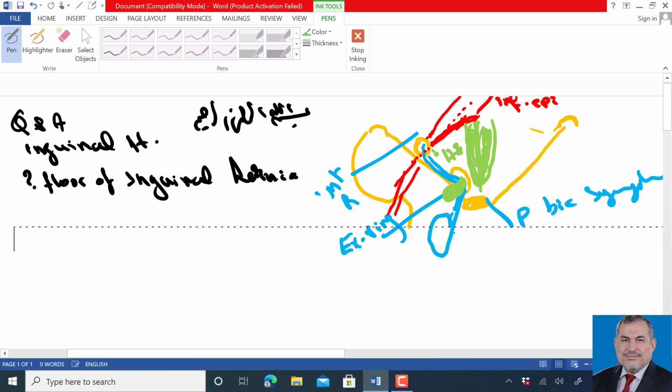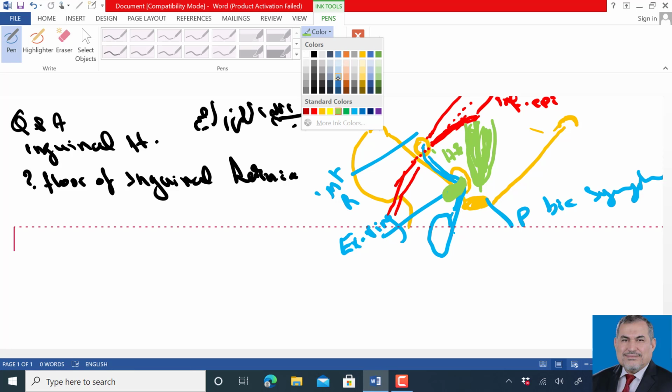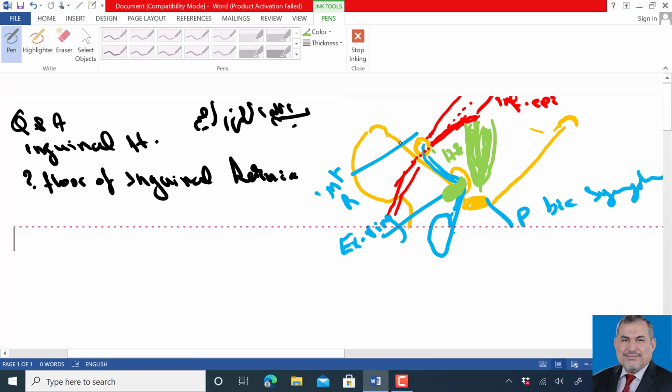Transversalis fascia in the floor, and the conjoint tendon, part of internal oblique muscle, while this inguinal ligament is part of external oblique, fold of external oblique.